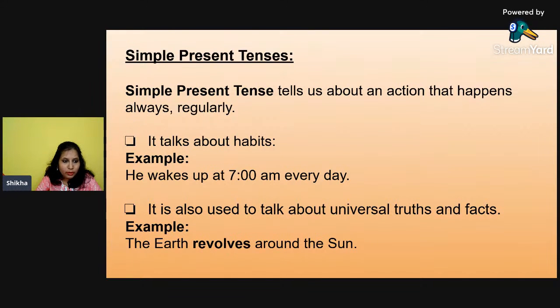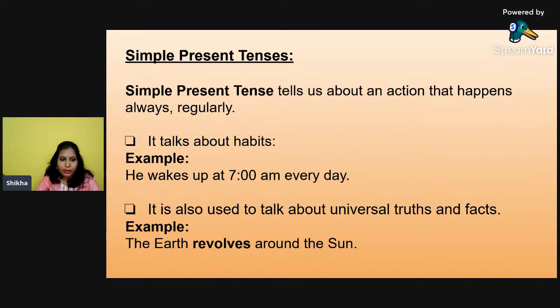One thing you have to notice is that we are not using any helping verb like is, are, am, has, have. We are using the pronoun, or we can use the noun also, and the verb. He wakes up at 7 a.m. every day.